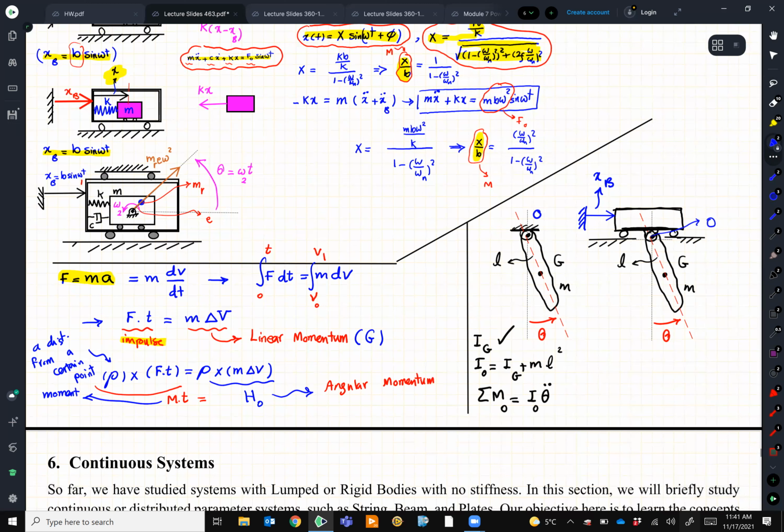So the difference between the setup on the left and right: left is fixed to the ground, right, point O isn't fixed to the ground.